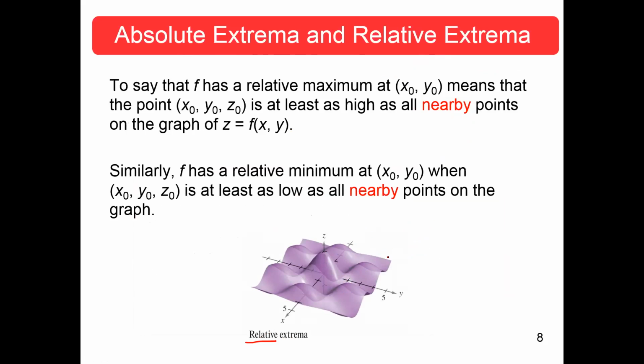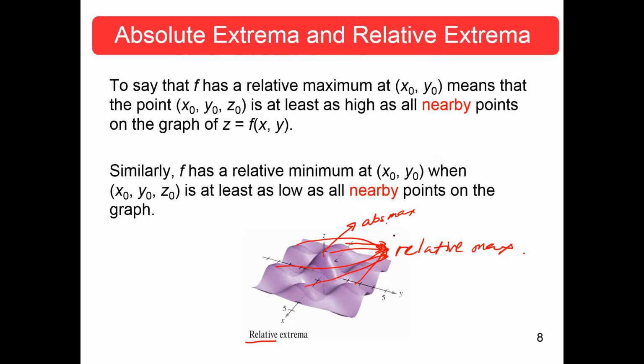Now, folks, if you look at this graph, can you tell there is an absolute max? Yes, it would be the absolute max. But can you tell there are some relative maxes? Yeah, like these relatively high ones in their small region, including this. So all of these would be relative max.